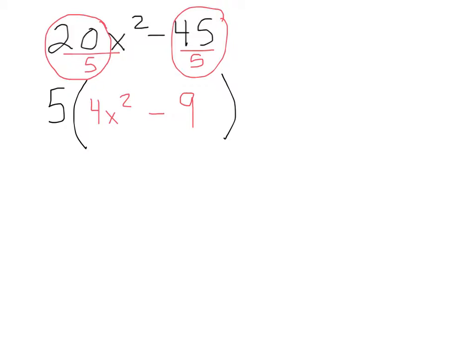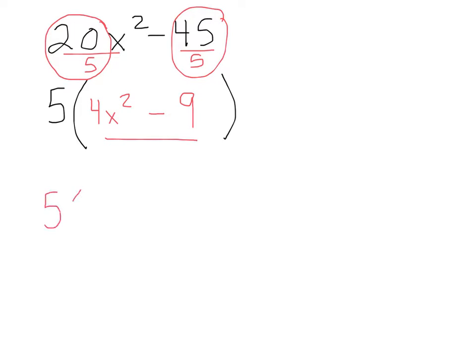And now look what's inside the parentheses. Is 4x squared a perfect square? Yes, it is. Is 9 a perfect square? Yes, it is. Is there a minus in the middle? Yes. So look at my original problem. You can't just say, well, 20 is not a perfect square, so I can't do it. You got to see, will something factor out of both, right? And so now let's factor what's inside the parentheses.